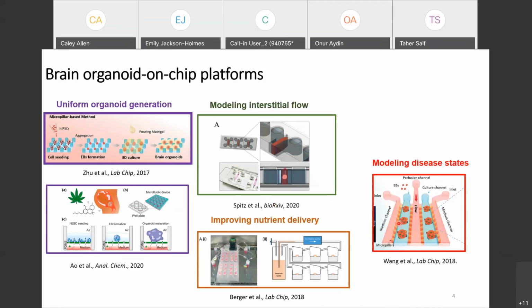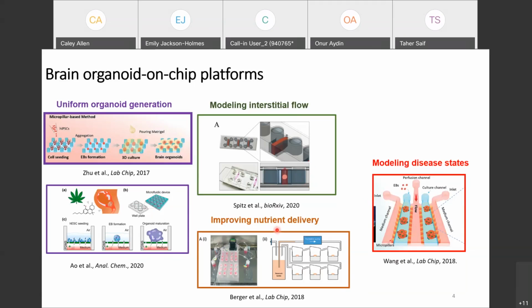They tried to look at how nicotine exposure affects brain development in vitro. In other labs, they've also used it for modeling interstitial flow to see if they can recapitulate how fluid flow occurs around organs in vitro. Something else I found interesting is using perfusion culture to reduce necrotic core formation during the culture process, which is a huge advantage of microfluidic systems.